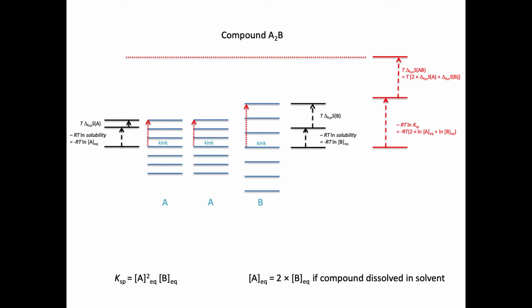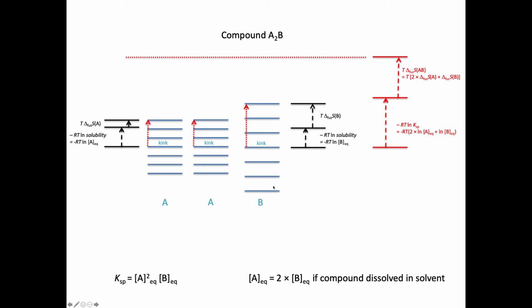If you go to a more complex system still, let's suppose you have an A2B compound. In CrystalGrower, you are not growing this as an A2B compound. You're either growing A or you're growing B. So it's growing A twice as fast as it's growing B because of the stoichiometry. So it's either growing A or B, but it's doing it in these individual energy levels.